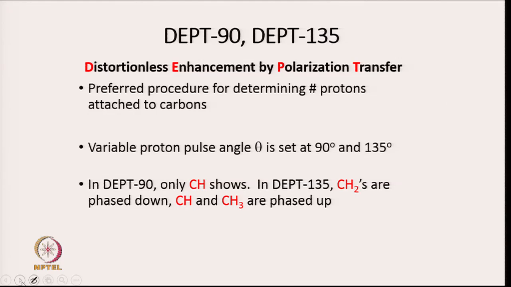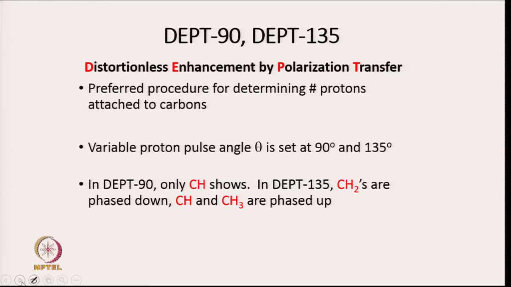In DEPT 90 only CH shows, so you will not see any peak due to CH2 or CH3, whereas in DEPT 135 CH2s are phased down, whereas CH and CH3 are phased up.